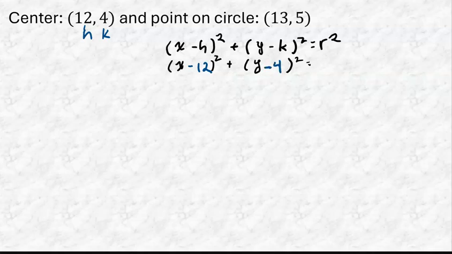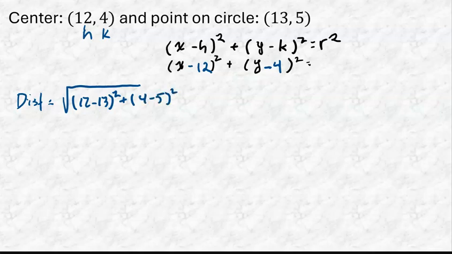Now my next step is I have to get the radius. If you want to plug into the distance formula, which I am just going to plug it in for you, you can. That will be something like 12 minus 13 squared plus 4 minus 5 squared. And you're welcome to do that.